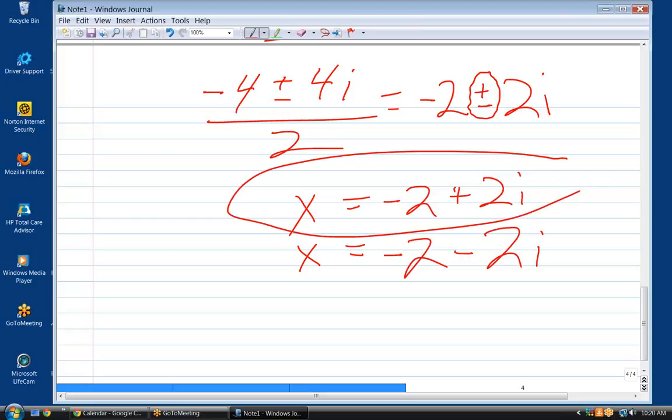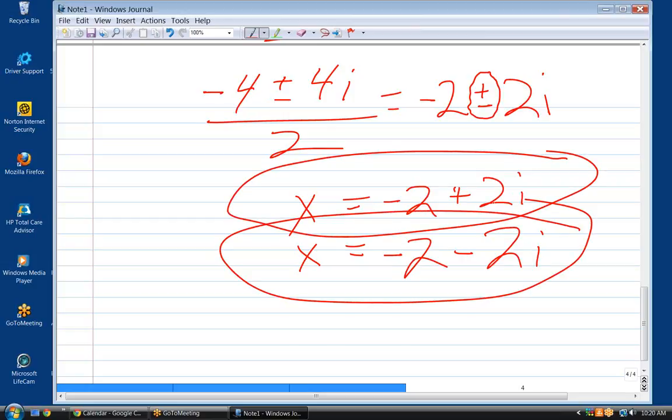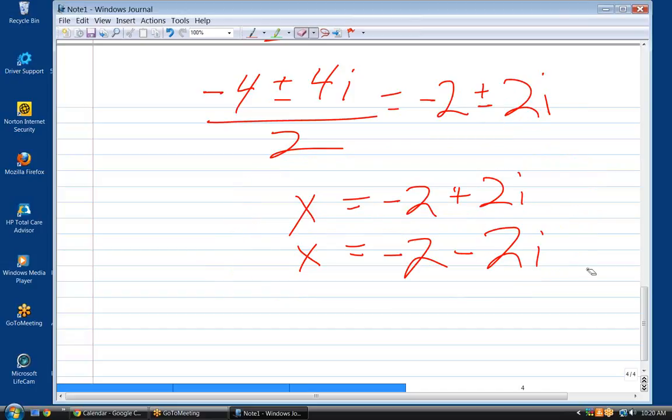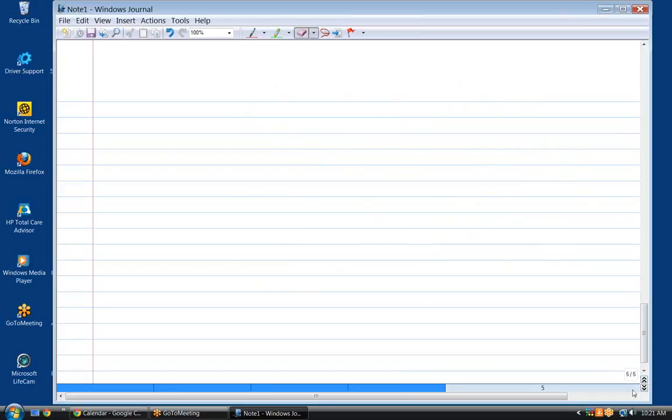Those are your two solutions to that quadratic. And you would want to take it that far. Now, your teacher may let you get away with leaving it like that, where the solutions are -2 plus or minus 2i. That's perfectly acceptable as long as you understand exactly what it means. All right.